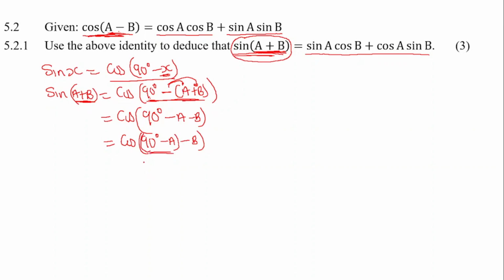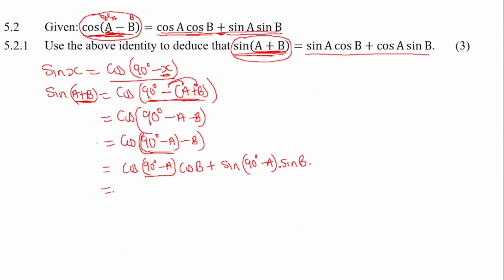Right, so now if we check, this is almost the same as this. It's just the same as this: the a is like the 90 degrees minus a, and the b is just like the b. You see that this is just the same as cos(90 degrees minus a) cos b, we're using this part, and then plus sine(90 degrees minus a), remember we said that the 90 minus a is just like the a, and then times sine b.